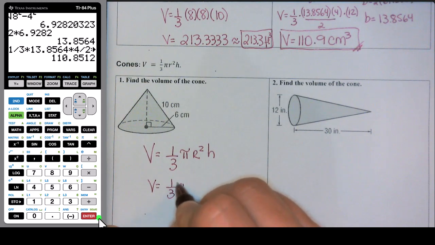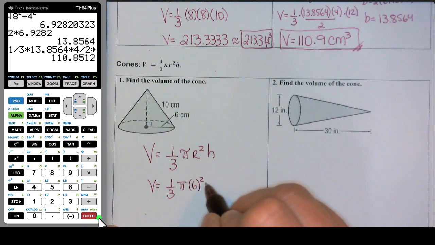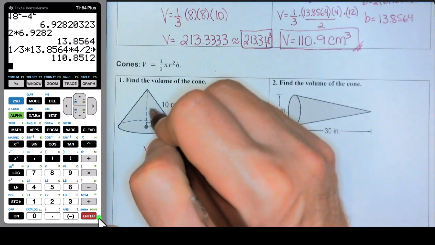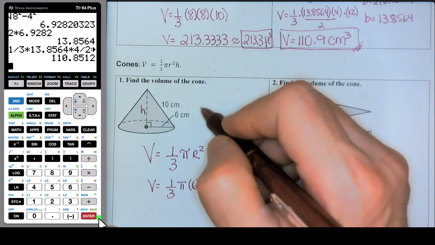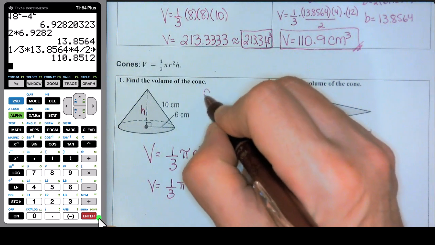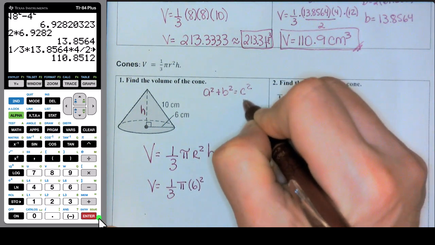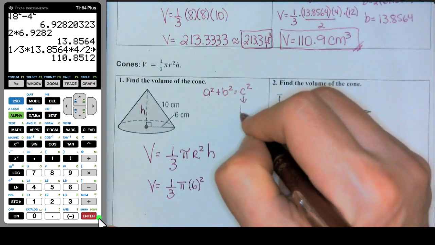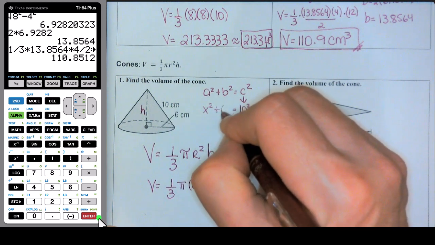So in this case, I have the radius, which is 6, and the height, which I don't have because the height is this one. But that's no problem because I can use the Pythagorean theorem, because I have a squared plus b squared equals c squared. My hypotenuse is the 10, so that means the other two sides must be a and b.